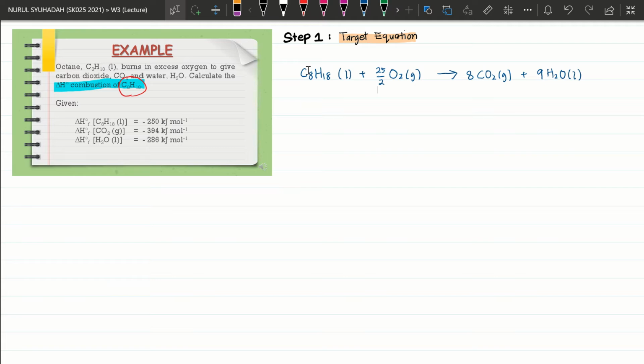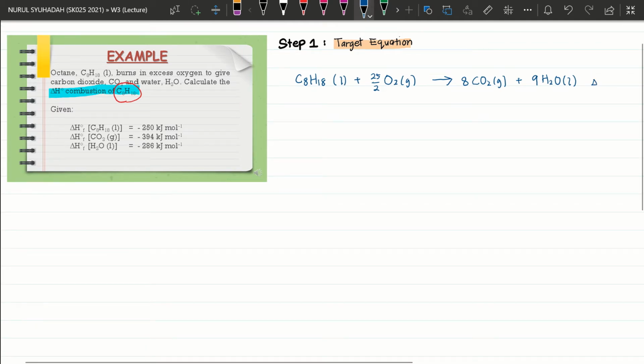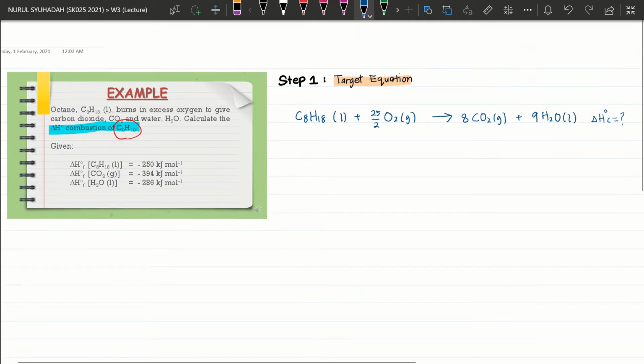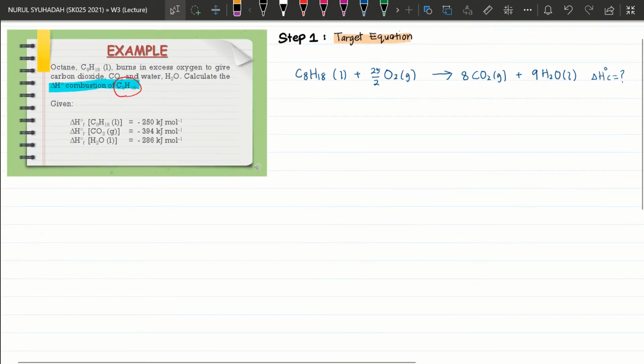So you need to write down at the end here delta H naught combustion, and this is the value that we need to find. So that will be our first step.